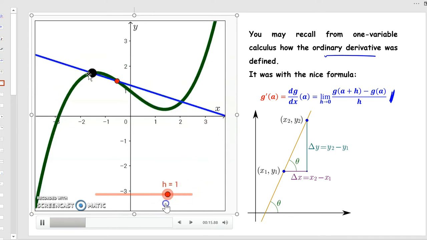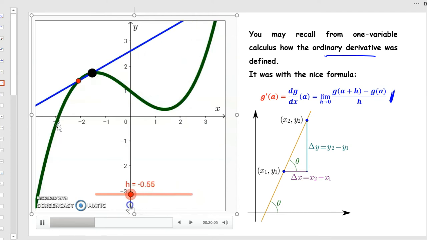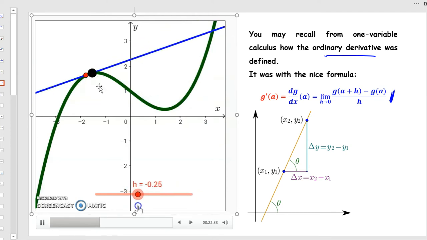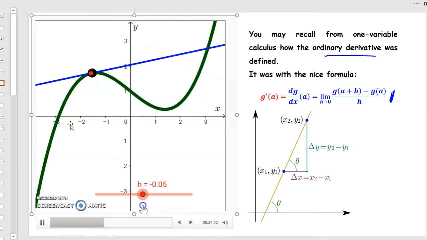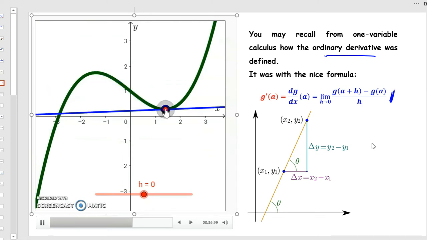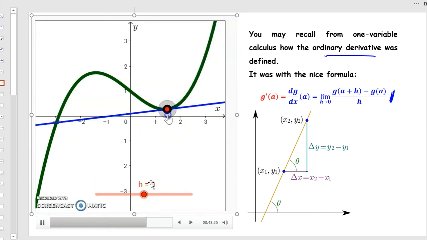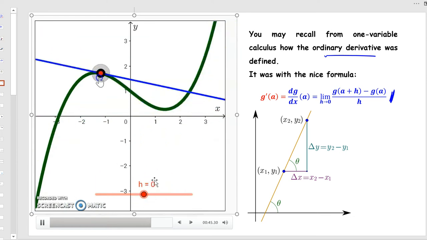The red point is moving along the curve, either going up, rising, or going down, as h goes to 0. If you move the black point also, then together they will move. So when h equals 0.